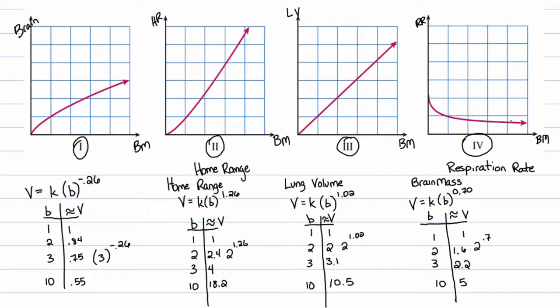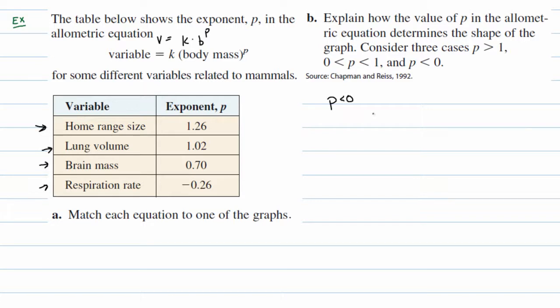And that's the only one that's decreasing. So this is a good lesson here. P being negative, or the power being negative, implies a decreasing graph. Now that's for this equation. But still, it's good to be able to analyze this.